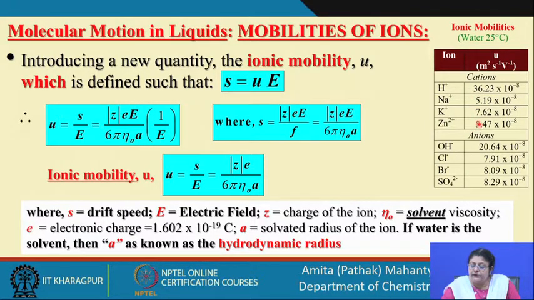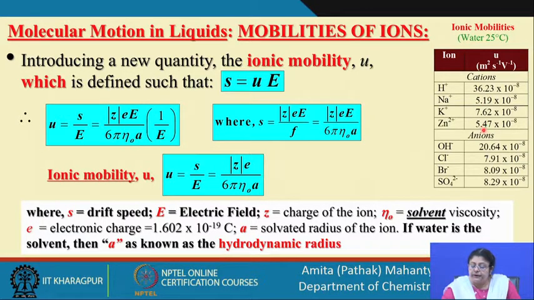Zinc is much lower than the potassium ion, and while making the same comparison, just have a look at the value of the H plus ion. The H plus ion in the solution has a much higher mobility compared to that of the potassium ion or sodium ion or the zinc ion.